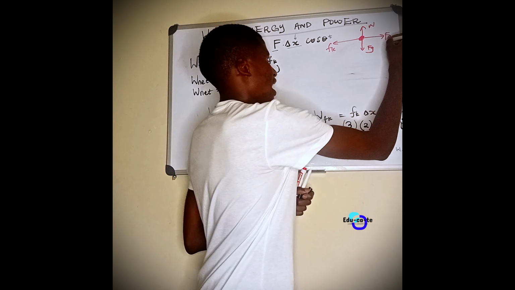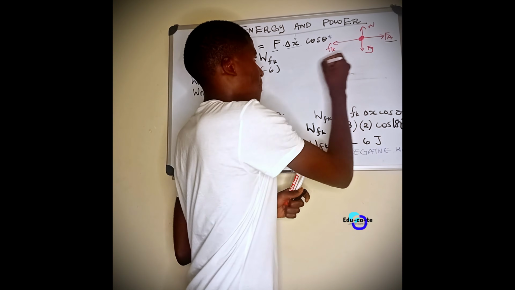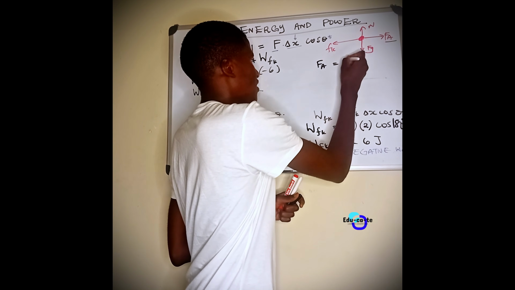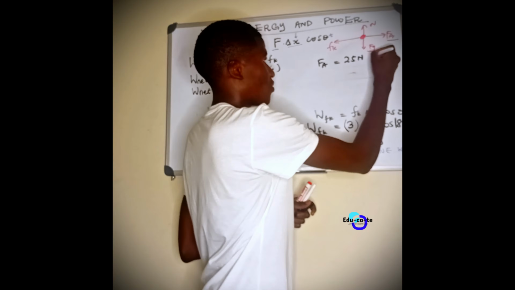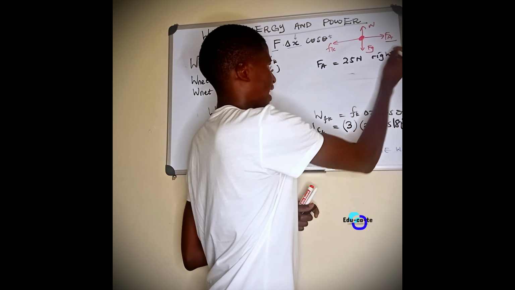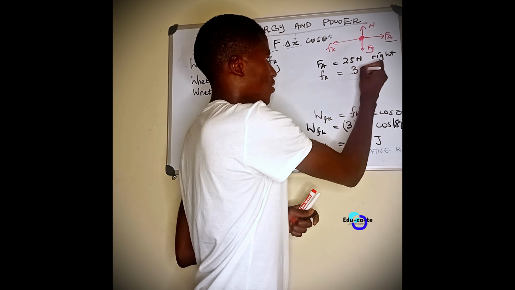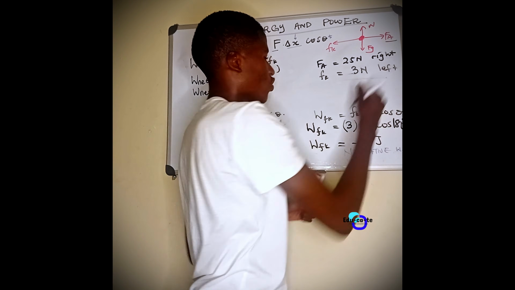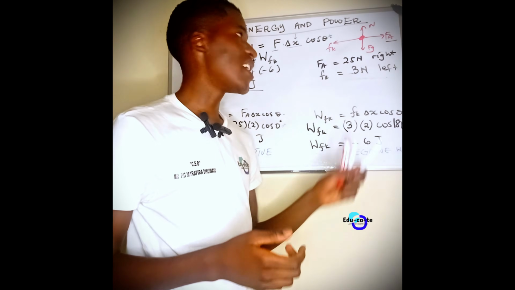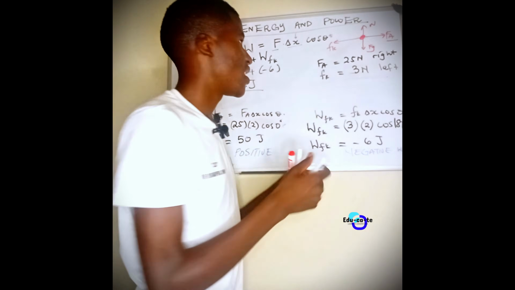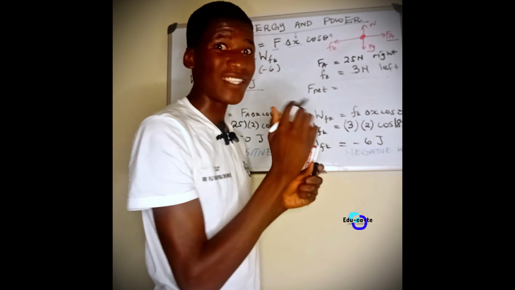Fa, we have said that we are using 25 newtons. So the applied force there is 25 newtons to the right. And then the kinetic friction, we have said it is 3 newtons to the left. So here, what will happen? To calculate the net force, you would just combine them. F net there, when you are combining forces, that's when you consider direction.